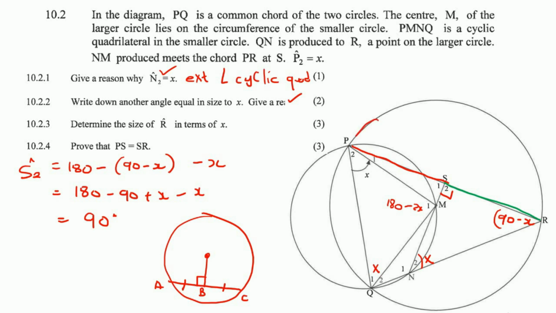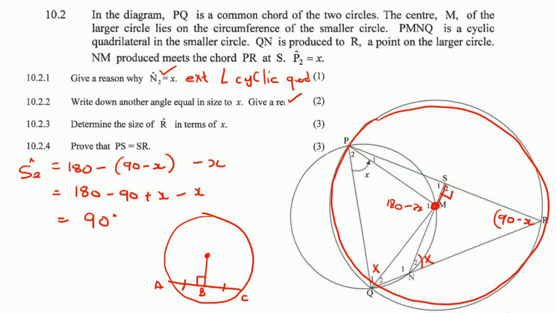So if you look at the big circle, we have a center, which is M. Then we have a line hitting this chord PR, and we've just calculated that this is 90 degrees.